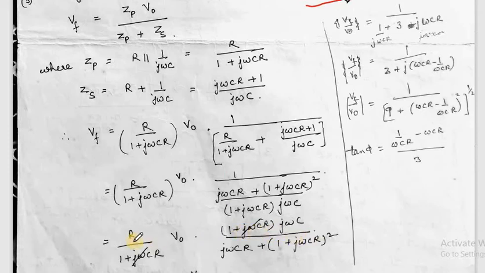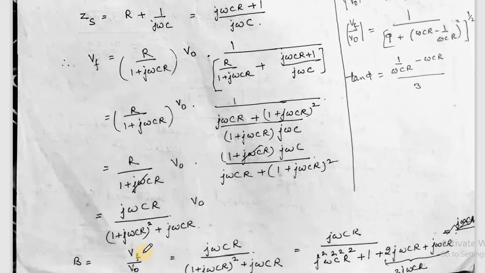Here 1 plus j omega cr cancels from this term, and finally we obtain j omega cr V0 whole upon 1 plus j omega cr whole square plus j omega cr. So this is Vf in terms of V0.